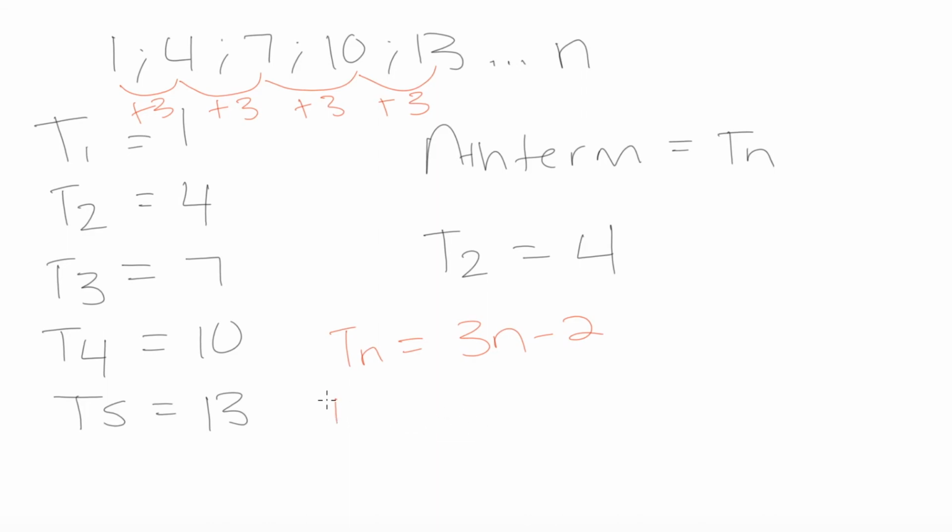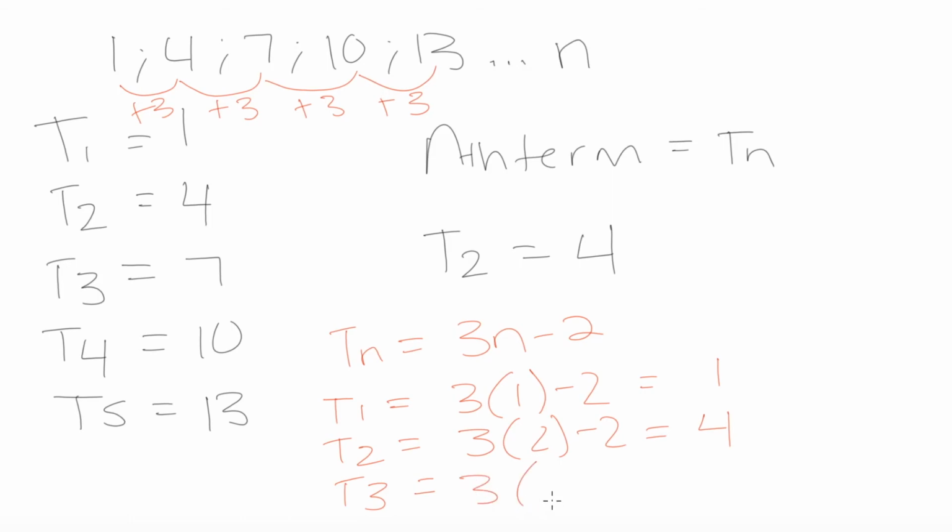So using this formula, T1 would be equal to 3 times 1 minus 2, and that would be equal to 1. T2 would be 3 times 2 minus 2. That would be 6 minus 2, which is 4. T3 would be equal to 3 times 3 minus 2, and that would be 7.